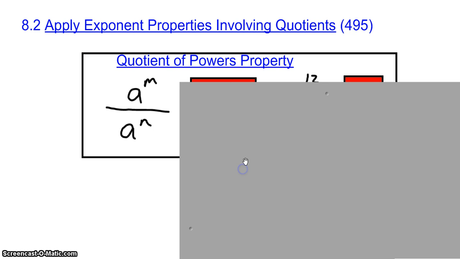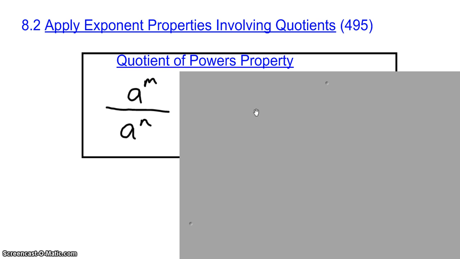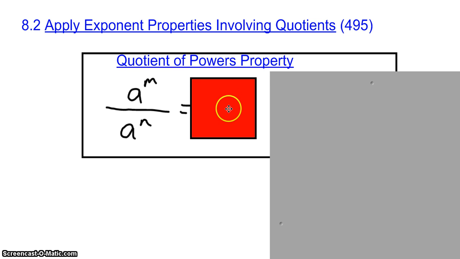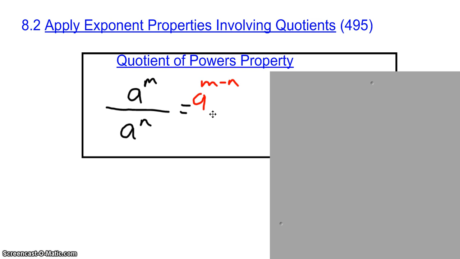Let's do it a little slower here. Quotient of powers. A to the m over a to the n. Can you finish the rule for us, Jack? So, a to the, good, a to the m minus n.